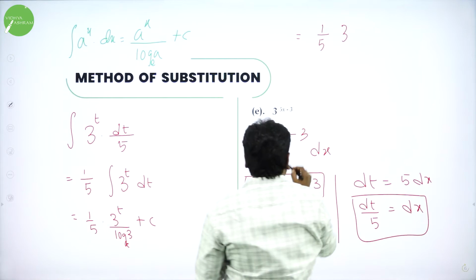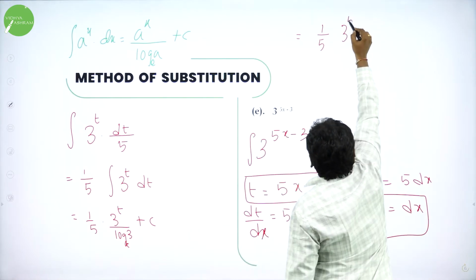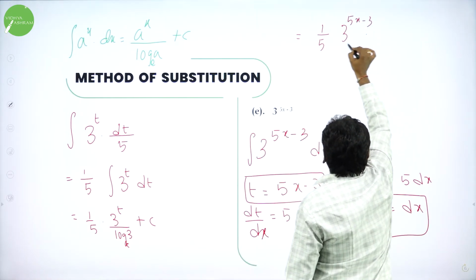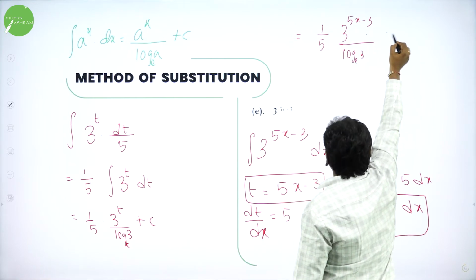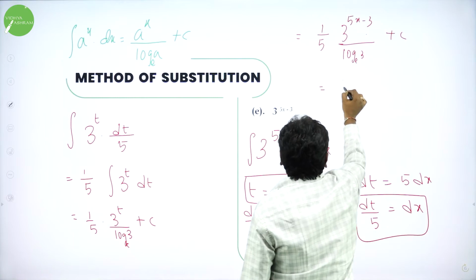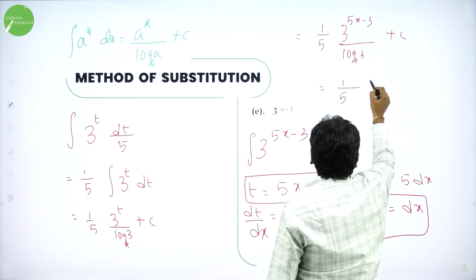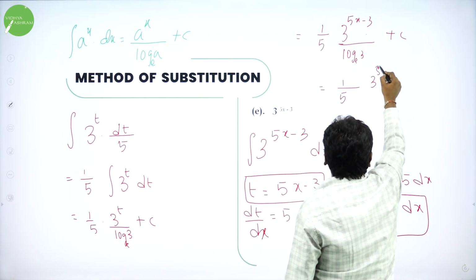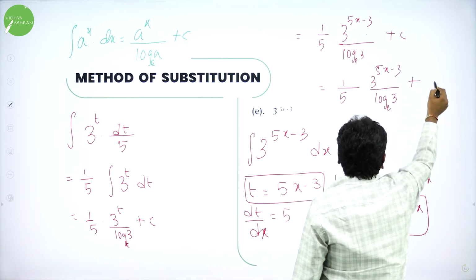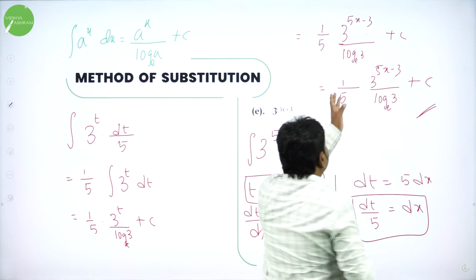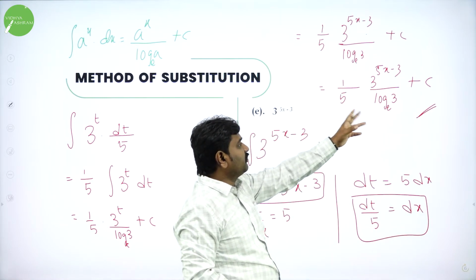What is t we assumed? 5x minus 3. So it is 1 by 5 into 3 power 5x minus 3 by log 3 plus c, which is the final answer. Or you can multiply, it will become 3 power 5x minus 3 by 5 log 3 plus c.